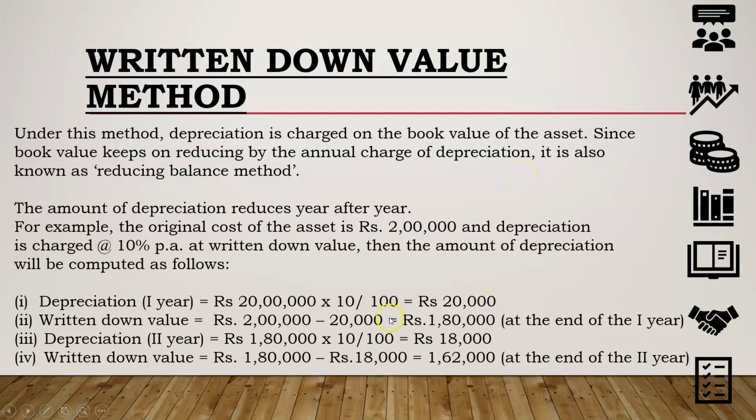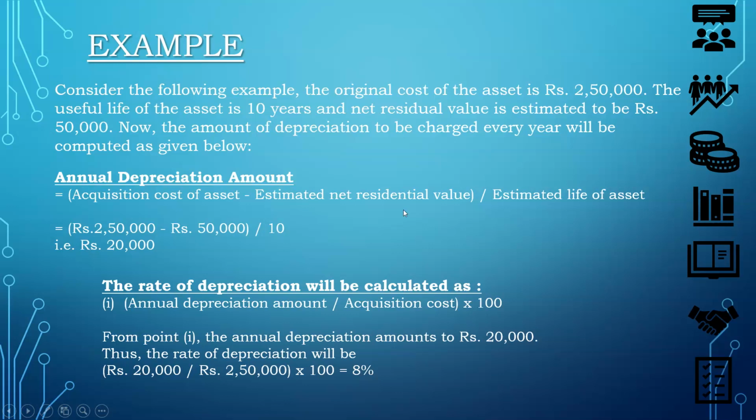So you can also see that the depreciation in the first year came to be 20,000, and in the second year it reduced from 20,000 to 18,000. So it is well said that the amount of depreciation reduces year after year as compared to the straight line method, where the depreciation remains constant for every year.